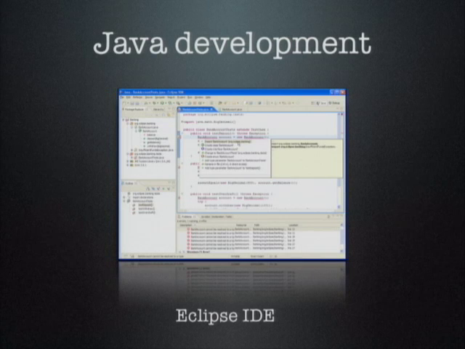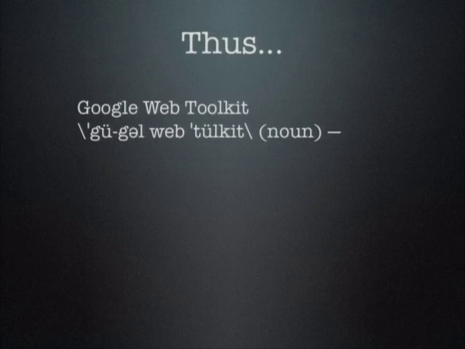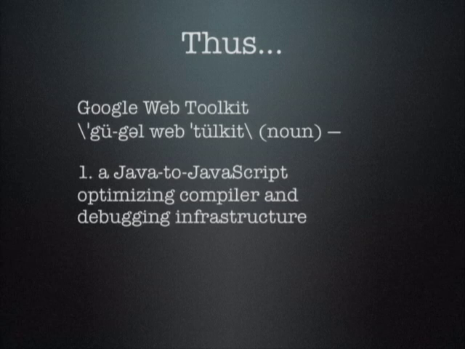OK, so here's what we have. We develop in Java, deploy as JavaScript. So GWT, around here at Google, we call it GWT, which makes a lot of people cringe, but I'm sorry, it just is the way it happened. It is primarily a Java to JavaScript cross compiler.